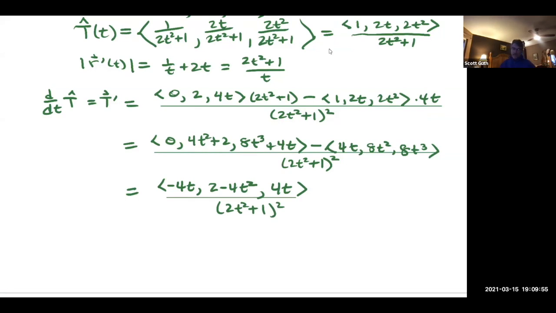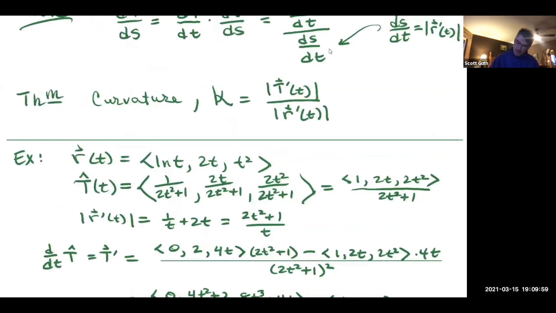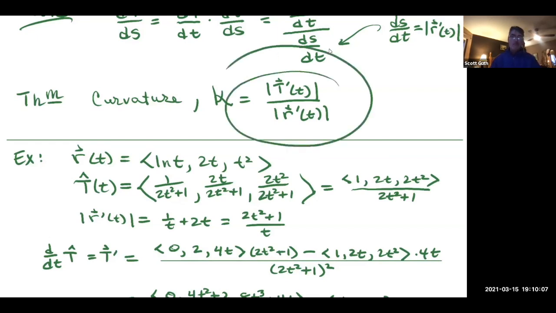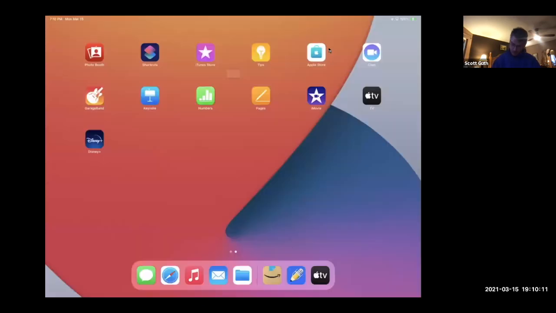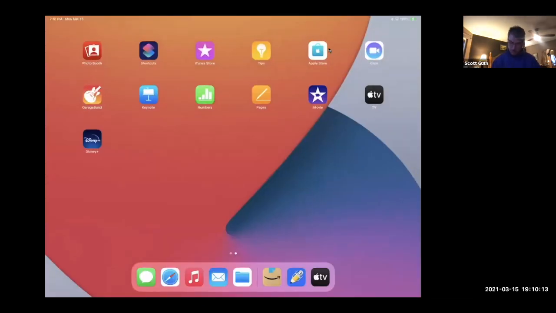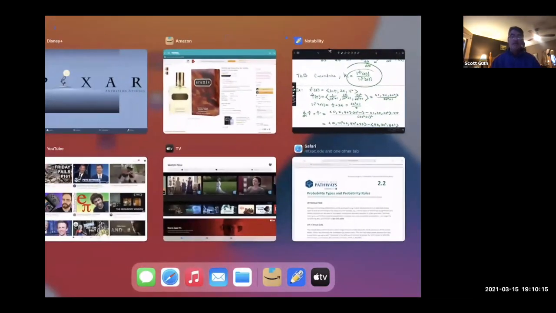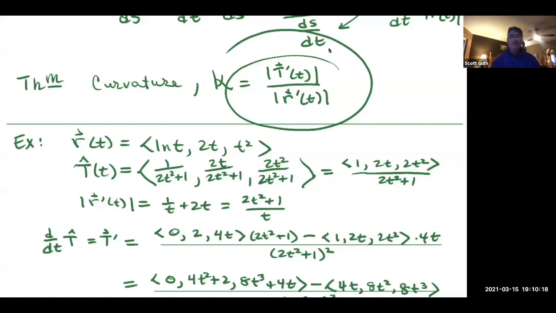Okay, now that's one thing. You want to factor that if you can, because you see the next thing is, I don't know if you notice, but up here we have to take the magnitude of this. I think my screen's frozen. Hang on, I'm going to pop out. Yeah, screen is frozen. Let's see if I can pop back in. There we go.